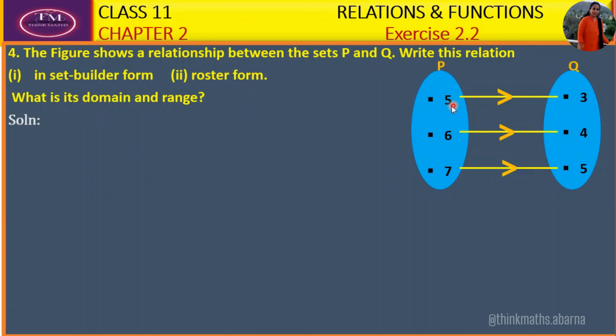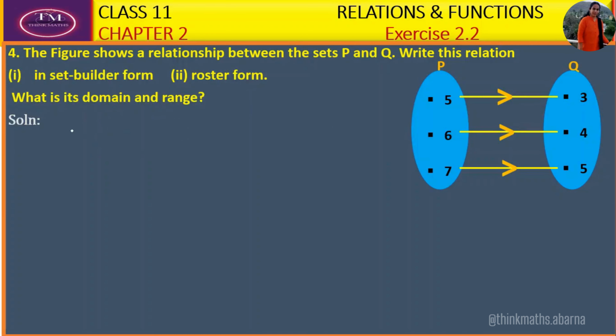Just if you look at it, 5 and 3, the difference is 2. 6 minus 4 is also 2. 7 minus 5 is also 2. So the difference between these two numbers is 2. That is the relation.